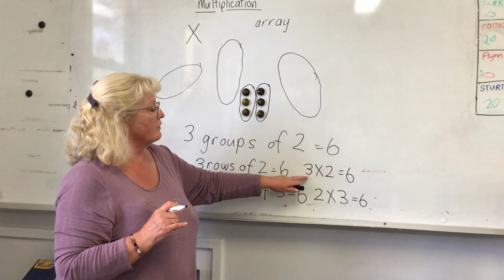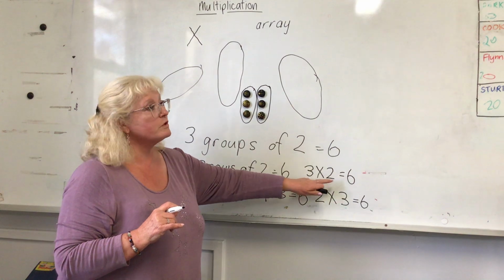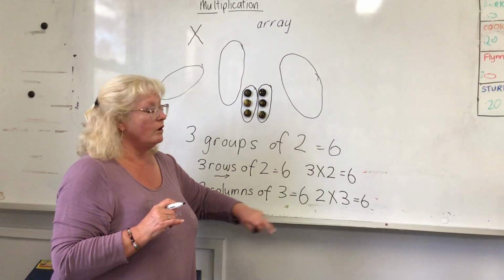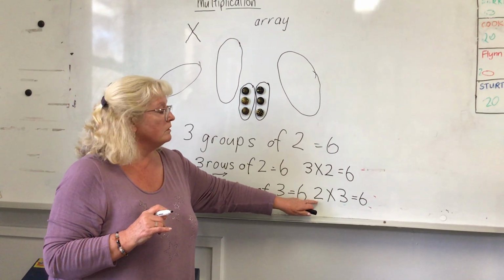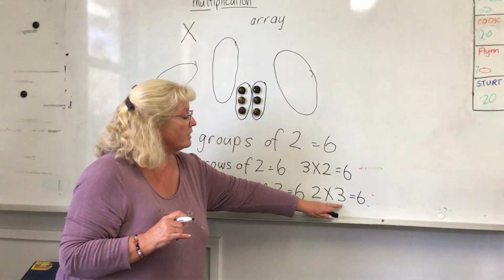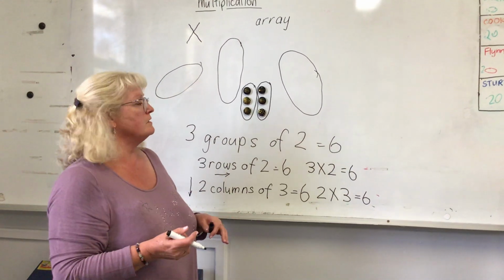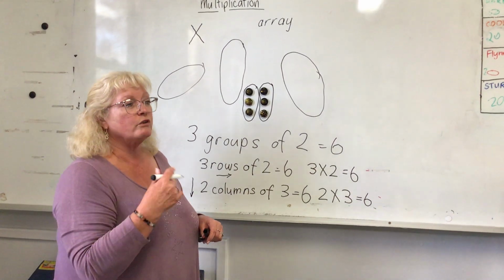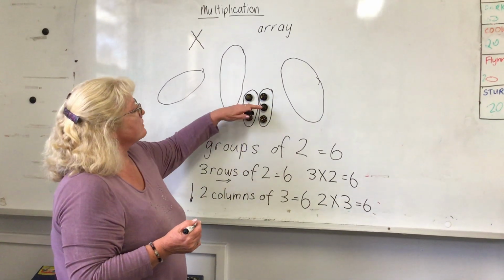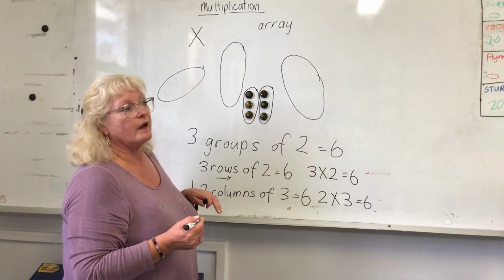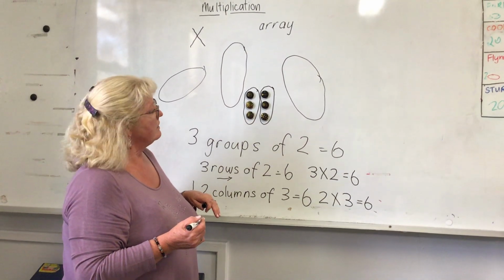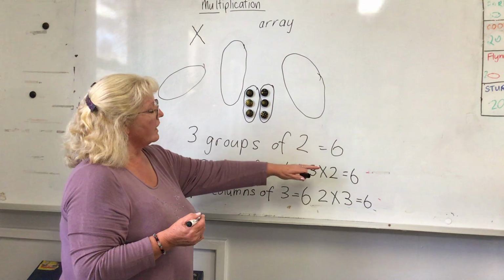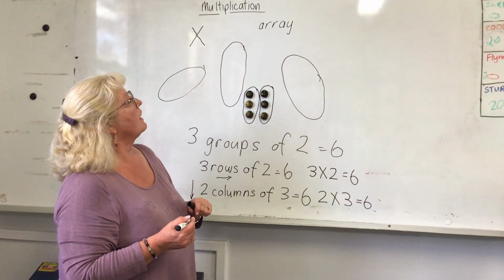So I could say 3 times 2 equals 6, or 2 lots of 3 equals 6. It all means the same thing. All right, now you're going to go on and you're going to practice drawing and using arrays to help you work out these multiplication facts.